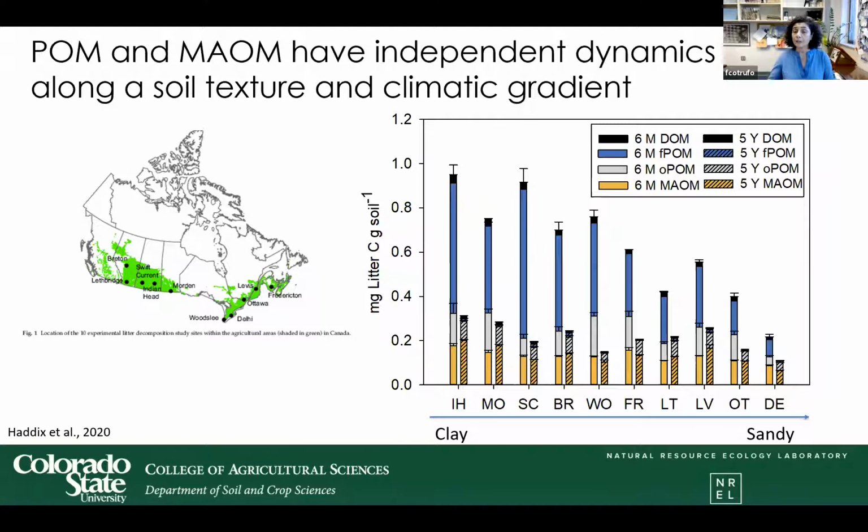But that was further evidenced by our 5-year sample, where basically the free POM was entirely lost at almost all the sites, whereas the MAOM was basically maintained and didn't increase much, suggesting that the decomposition of the POM didn't actually contribute to more MAOM formation.